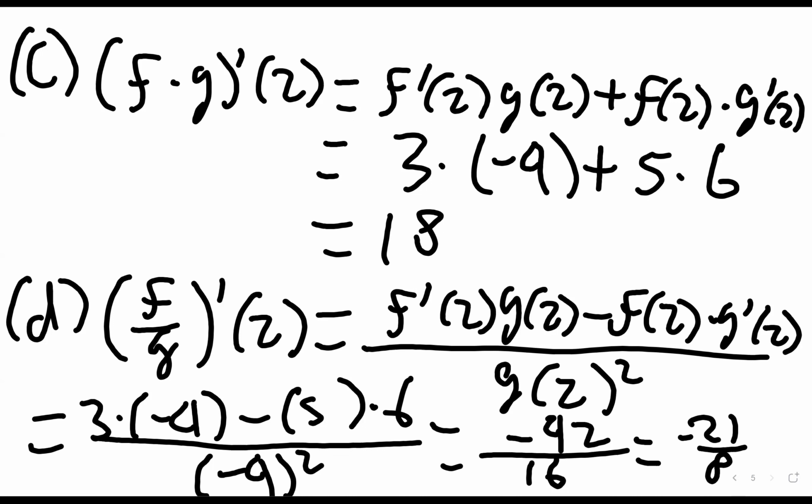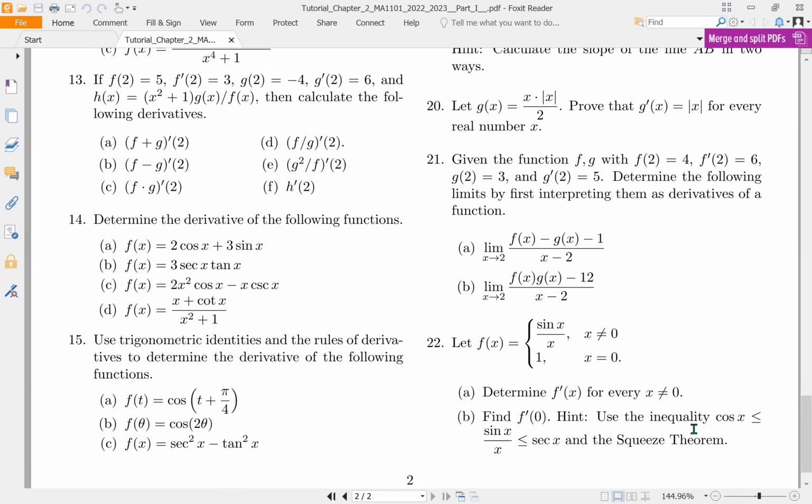So in number 14, the question is, how do we find the derivative of a trigonometric function? Okay, so we are given a trigonometric function, and then what is its derivative?